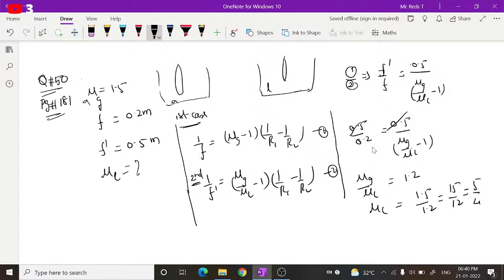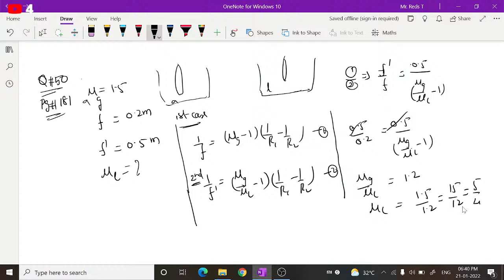So you can say mu g by mu l minus 1 is equal to 0.2. So if you send that side becomes plus 1, so 1.2. Mu l is equal to 1.5 by 1.2, 5 by 4.